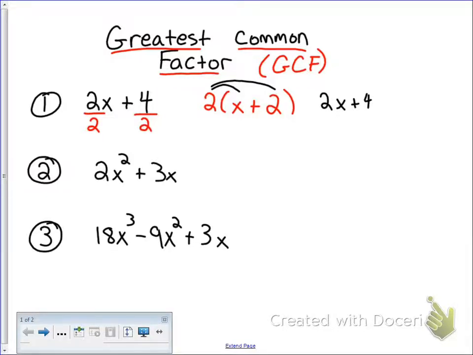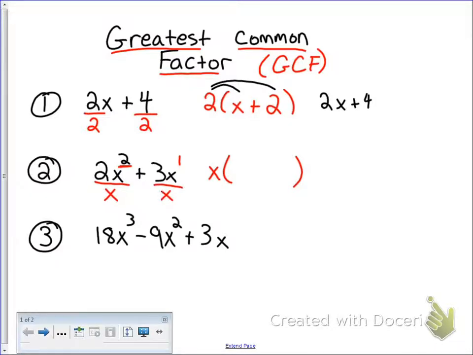I see that I have one x here, and I have two x's here. Well, I can't take two x's out of the second term, but I can take one x out of each of them. So I'm going to take an x, put it outside of the parentheses, and divide each of these terms by x.